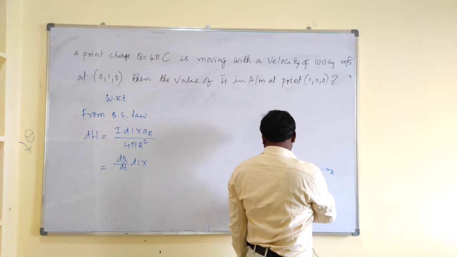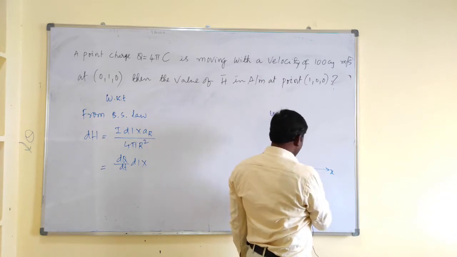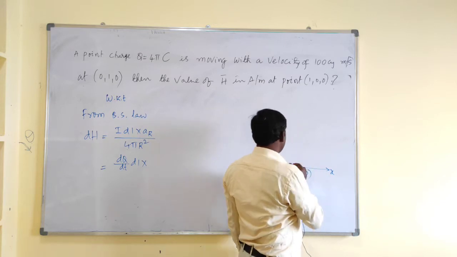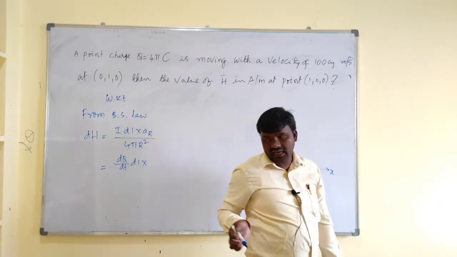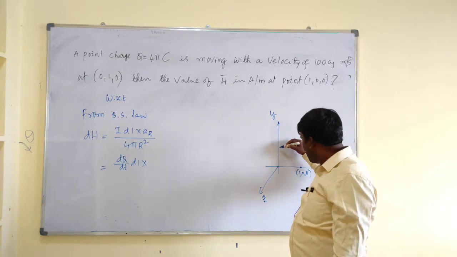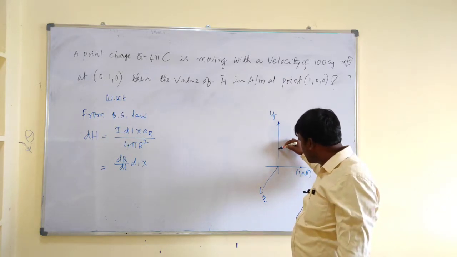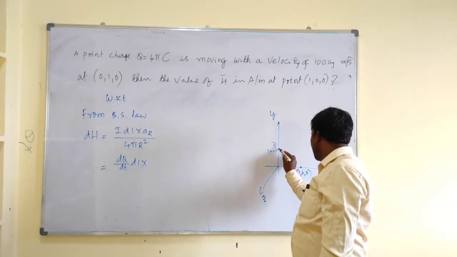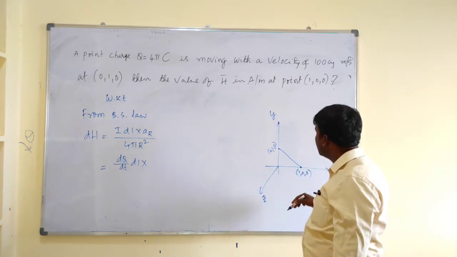So let us take this point as the point of interest, (1, 0, 0). And as the charge is moving along the y axis, we can take the source point as (0, 1, 0), along the y axis.